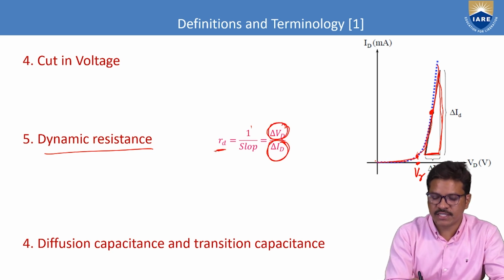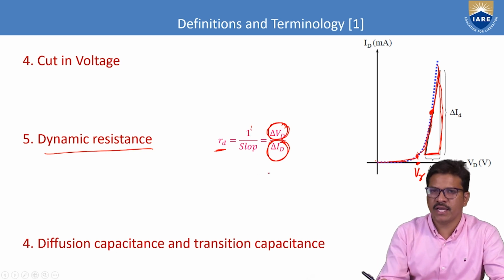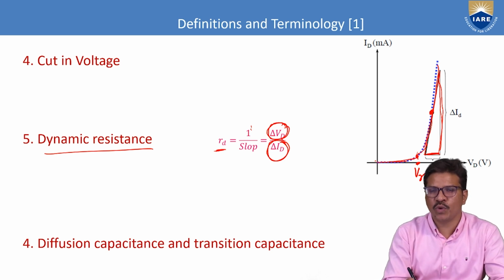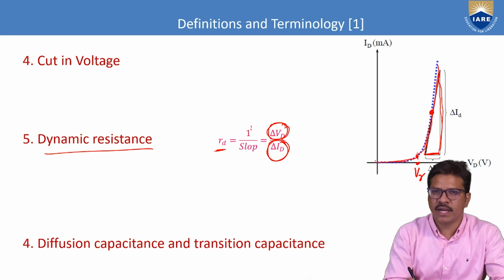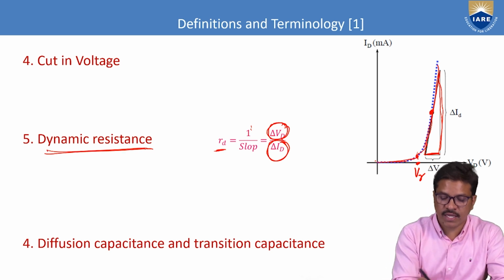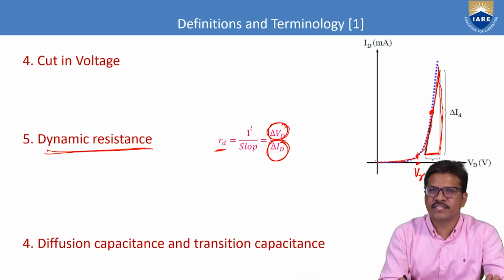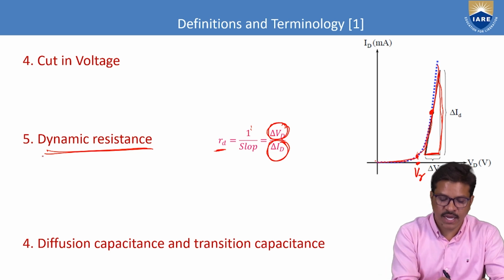Slope is dy by dx, which is di by dv. The reciprocal of the slope is dv by di. So r is equal to dv by di. So we can get the dynamic resistance simply by calculating the reverse slope of the given diode characteristic curve.